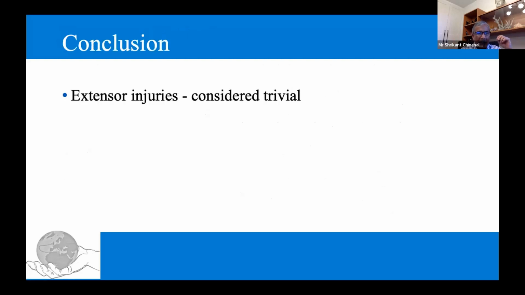So in conclusion, extensor tendon injuries are considered trivial, but they are not. Extensor tendon anatomy, we know, is very complex.